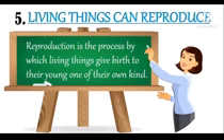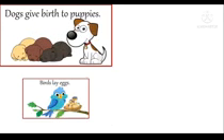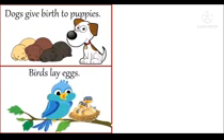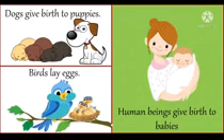Living things can reproduce. Reproduction is the process by which living things give birth to their young ones of their own kind. A dog gives birth to puppies. Birds lay eggs, and the young ones hatch out from these eggs. Human beings give birth to their babies.